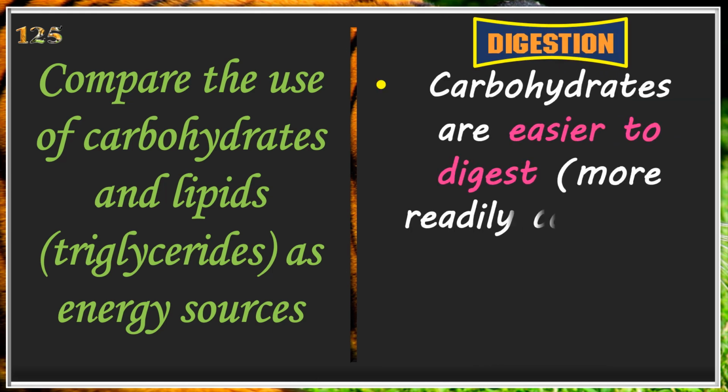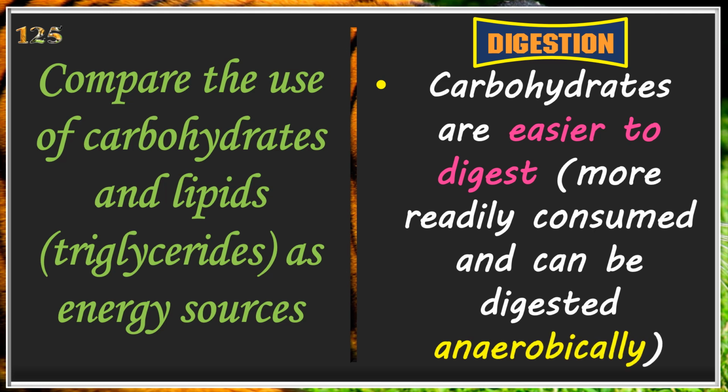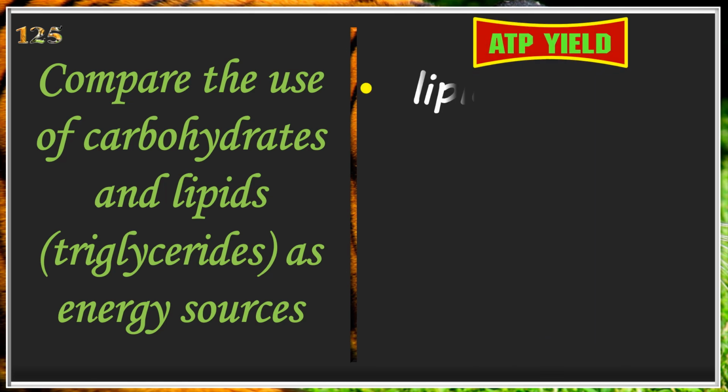Digestion. Carbohydrates are easier to digest. They are more readily consumed and can be digested anaerobically. ATP yield.